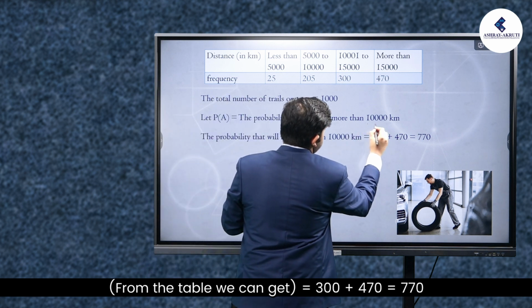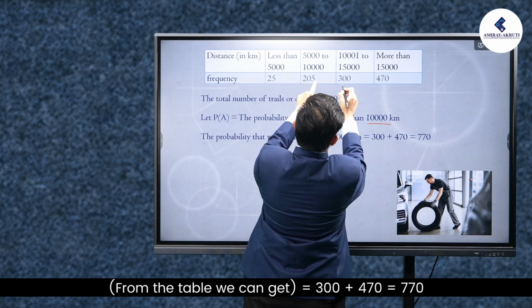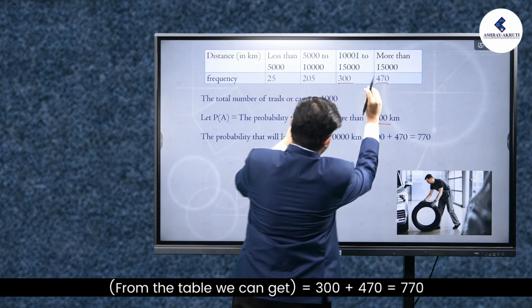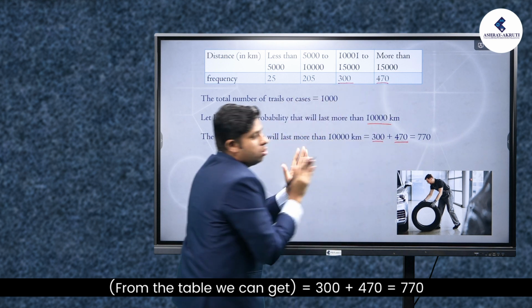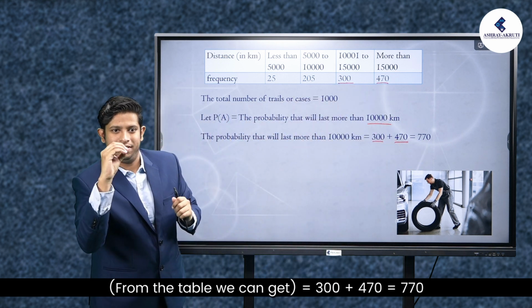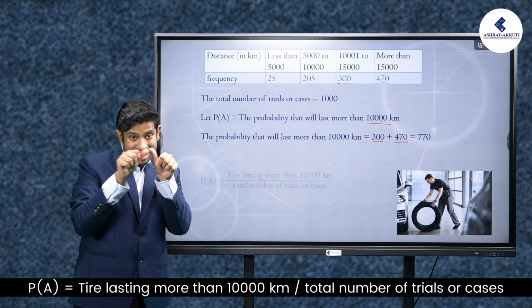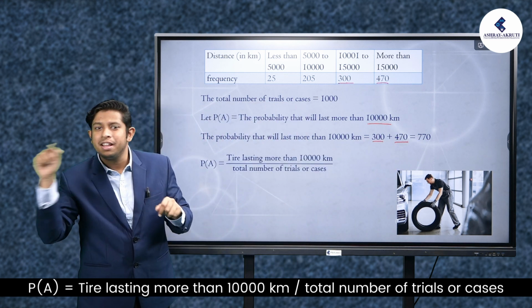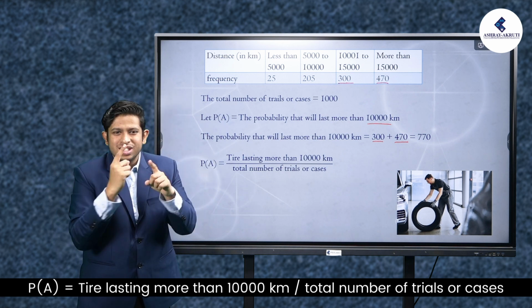from the table we can get 300 plus 470 is equal to 770. P(A) is equal to tire lasting more than 10,000 km by total number of trials or cases.